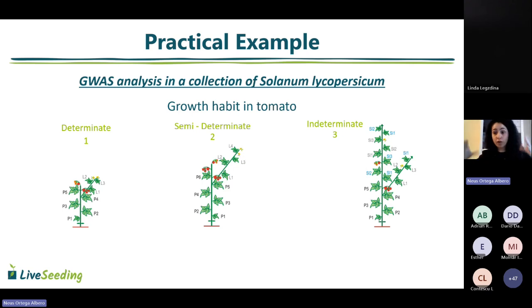All the core collection of tomato landraces has been phenotyped for growth habit, and we have a phenotype document with 3 classifications: determinate, semi-determinate, or indeterminate. As we talked about, for the GWAS we need phenotypic information and also genetic information.